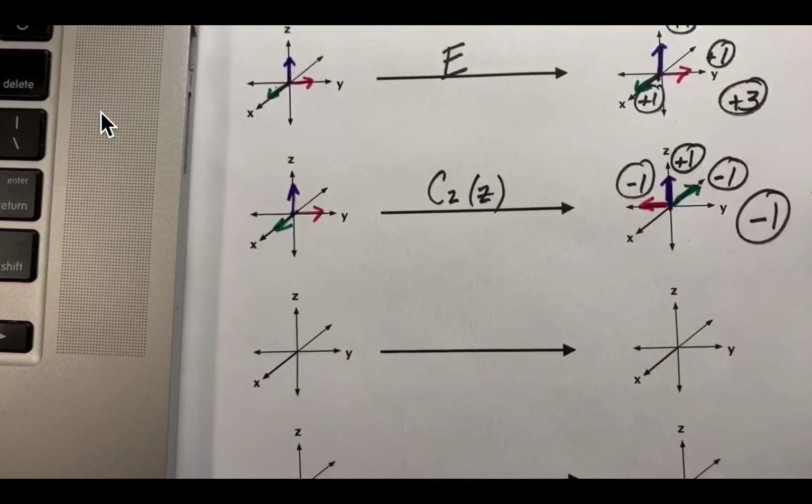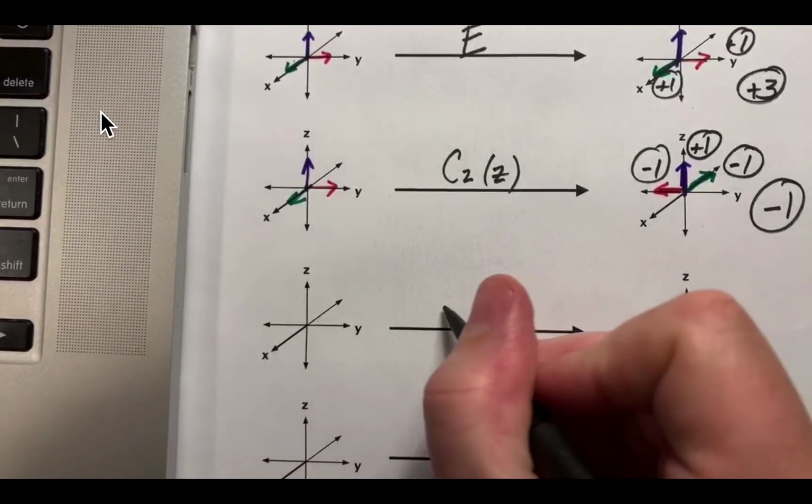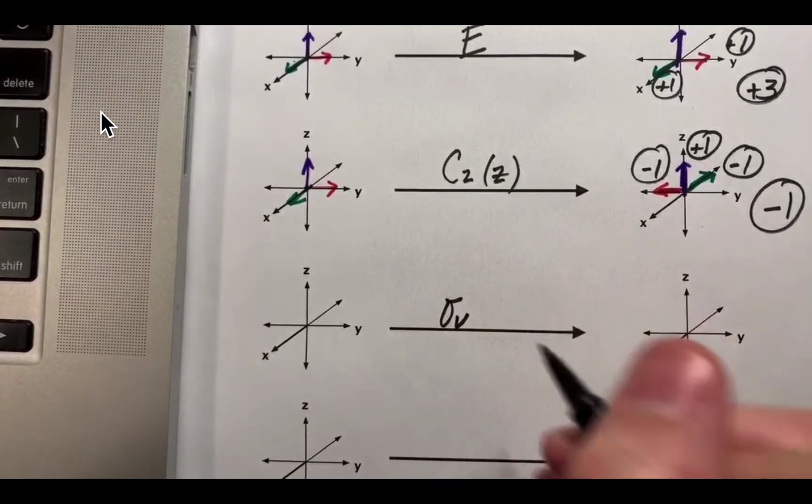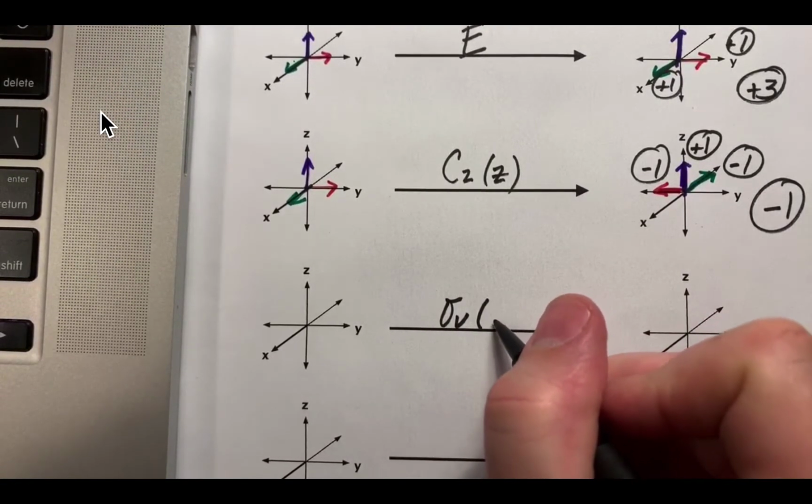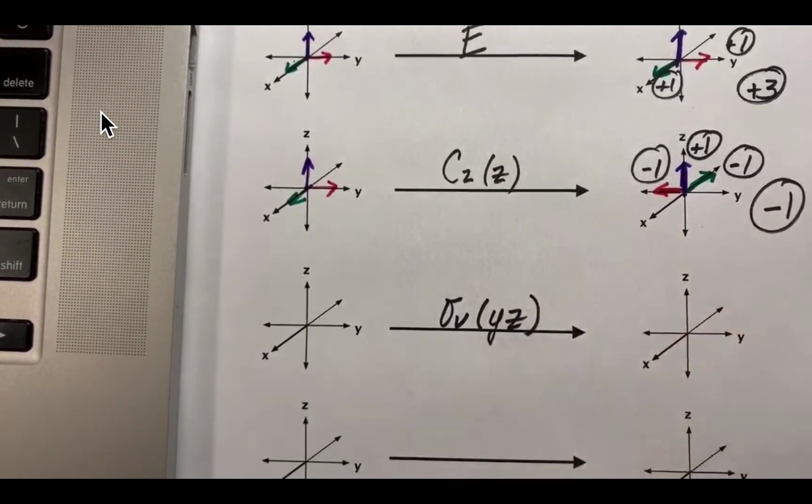Next, let's look at a reflection. So let's do a sigma v. See which one would be the easiest to do. YZ. Okay, the YZ, that's the reflection plane that we're talking about.